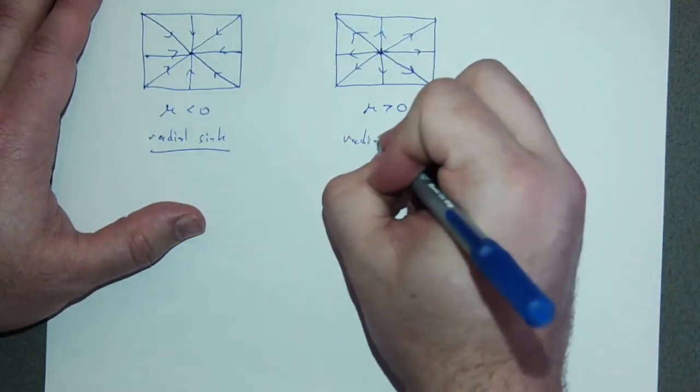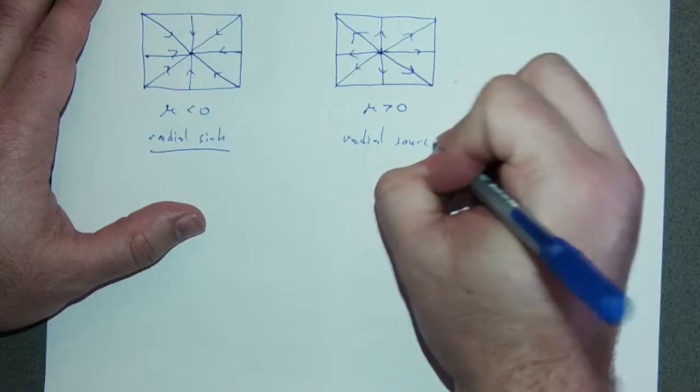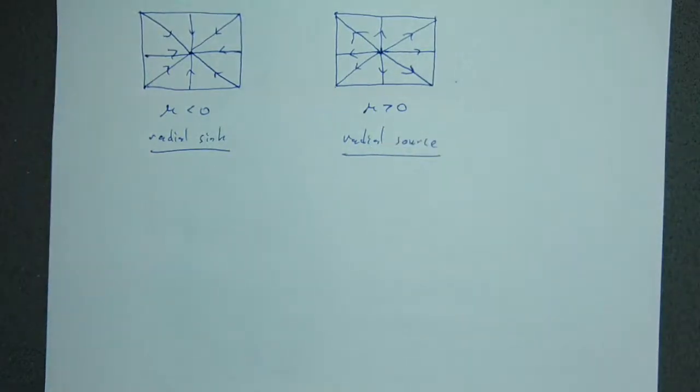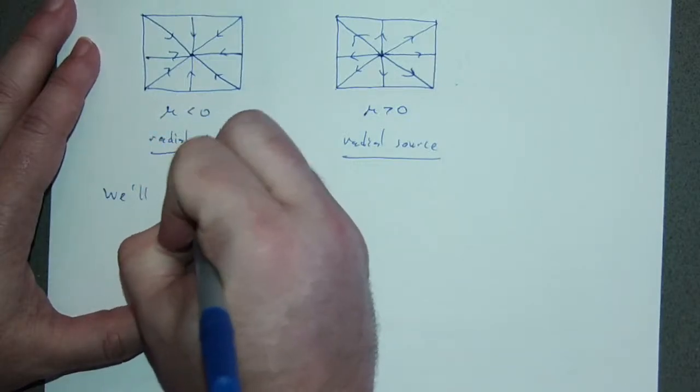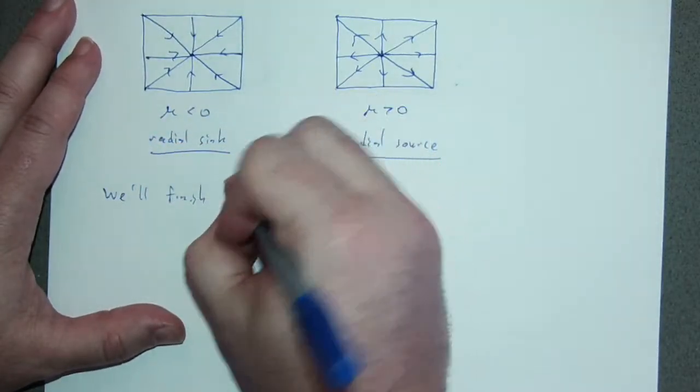This is a radial source. Okay. So we have 6 more cases to cover and we're done. We'll do that tomorrow. We'll finish the remaining 6 cases in the next lecture.